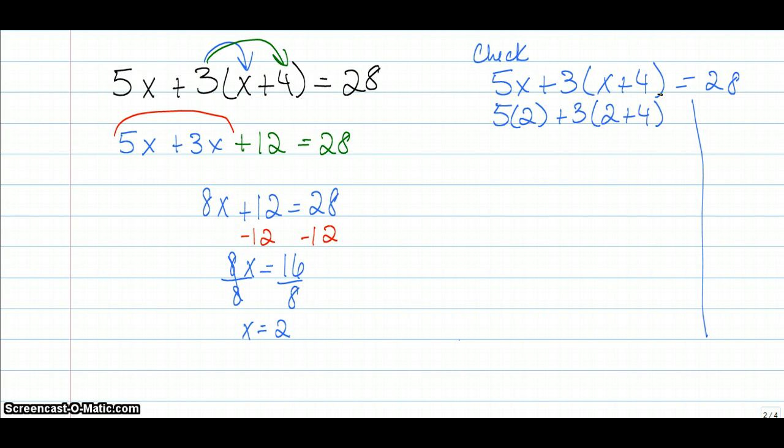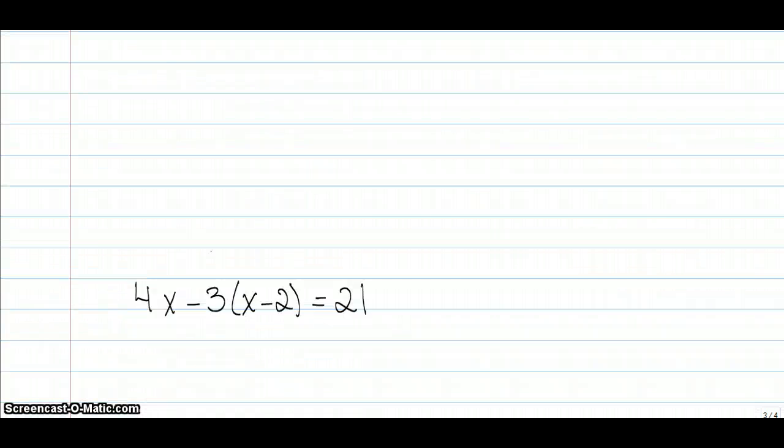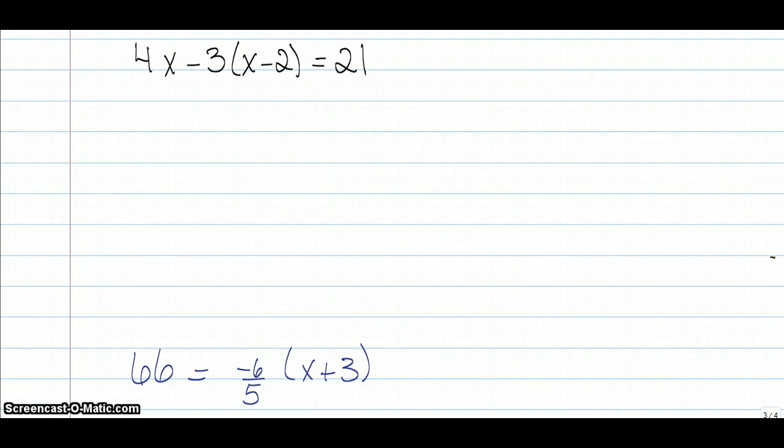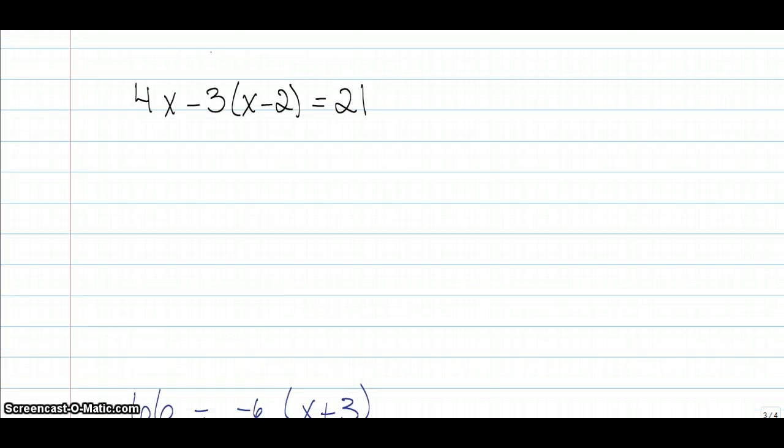Very important to follow your order of operations. 5 times 2 is going to give me 10, plus 3 times 2 plus 4 gives me 6. 3 times 6 is 18, so I have 10 plus 18. 10 plus 18 is 28. So that checks out.